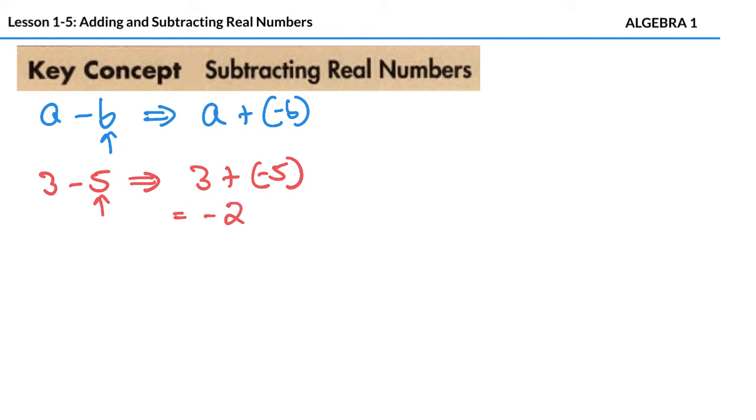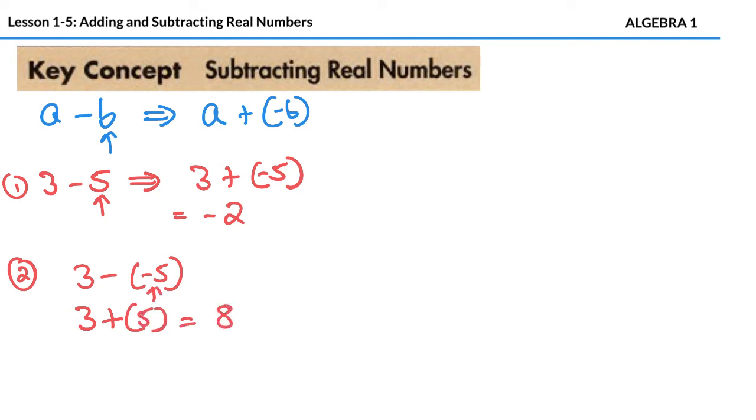So, let's try another one. 3 minus negative 5. So, the numbers are subtracted. So, what is the concept? If two numbers are subtracted, it's nothing but add its opposite. So, this can be written as 3 plus the opposite of negative 5, which is 5, and the answer is 8.